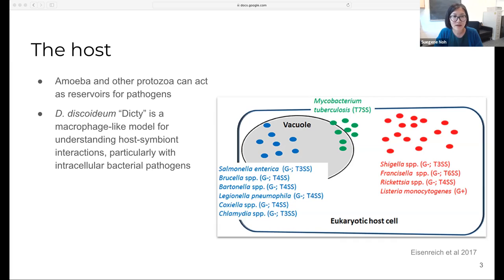So the amoeba Dictyostelium discoideum, that we'll call Dicty for short, is a macrophage-like model. It's been used pretty successfully to study lots of different kinds of intracellular bacterial infections, such as the ones that you see highlighted in this particular figure.